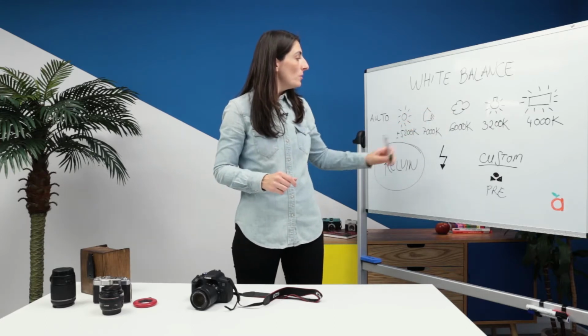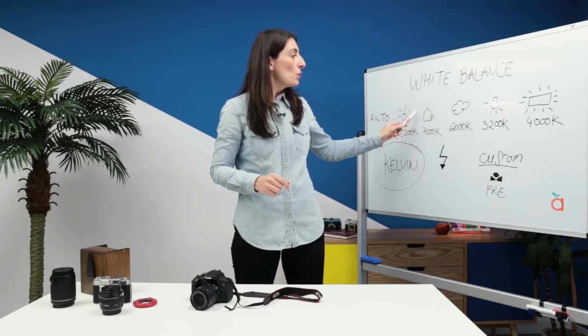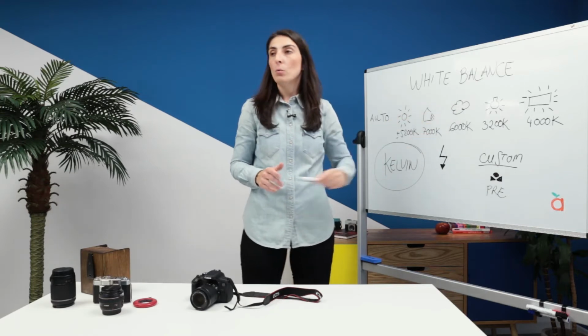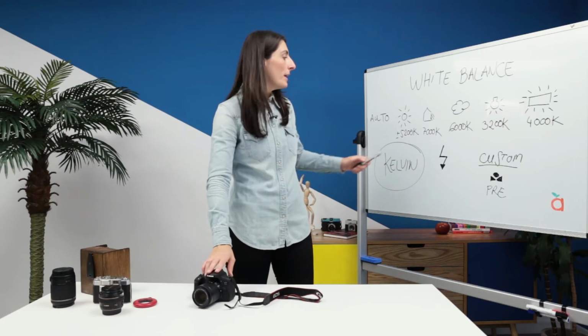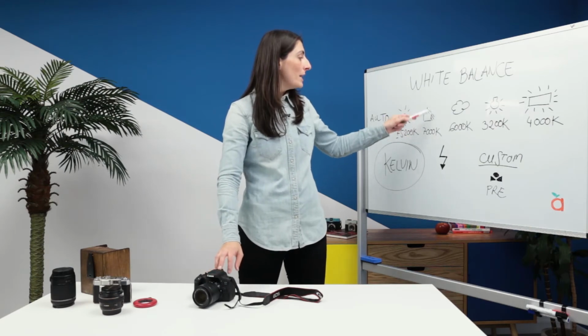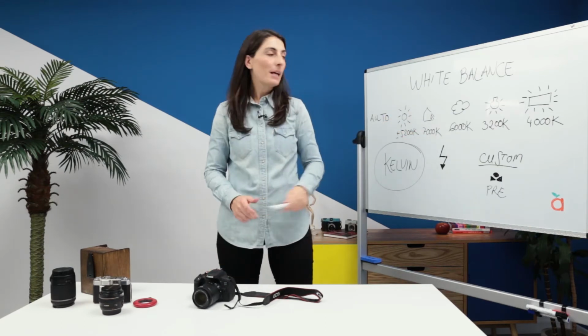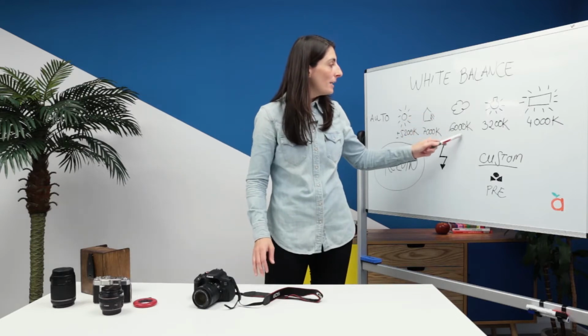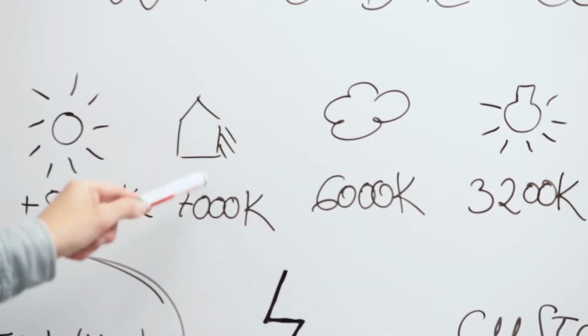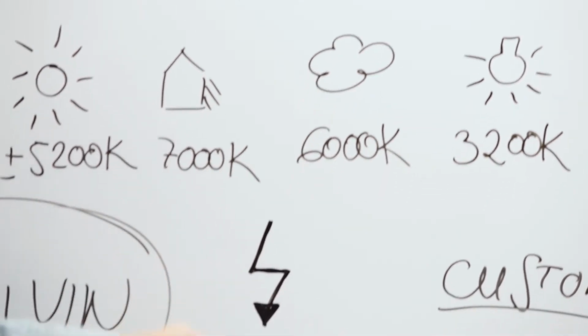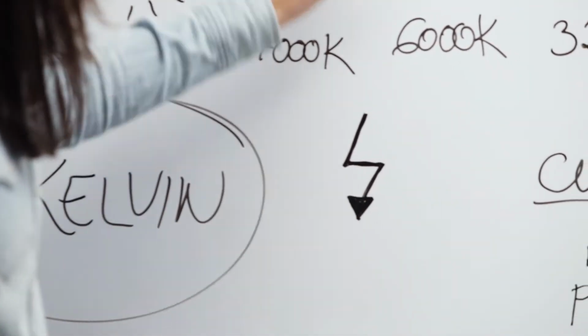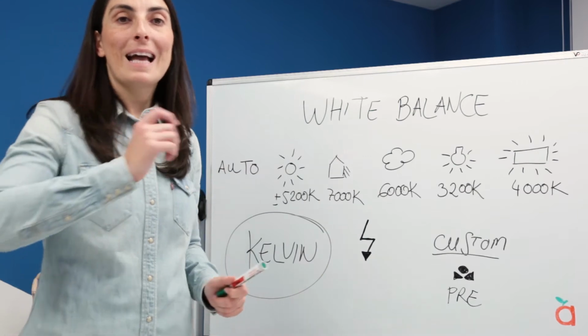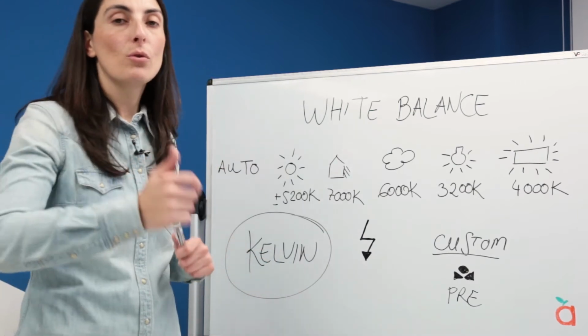This one, for example, is good for shady places, while the cloud over here is great for cloudy days. In Canon cameras, the first has a value of 7000K and the cloudy 6000K. These two settings, together with flash white balance, help us to add warm tones to the scene.